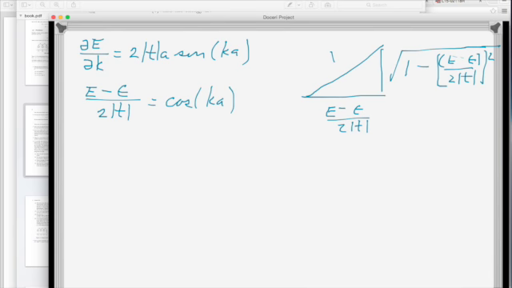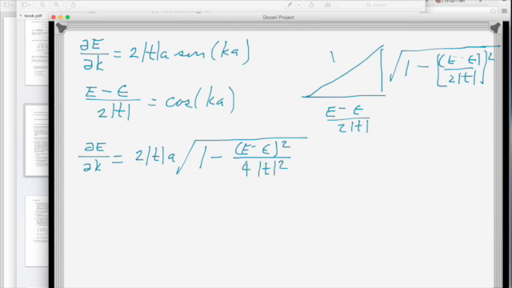So I get dE/dk is 2ta times the square root of 1 minus all this stuff squared, (E minus epsilon) quantity squared over 4t squared.